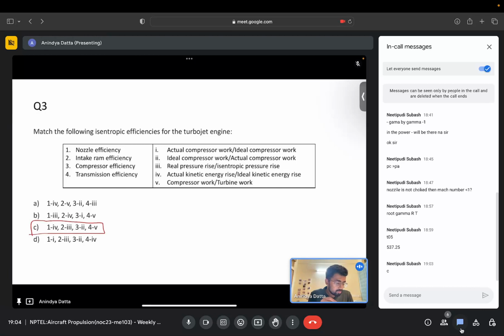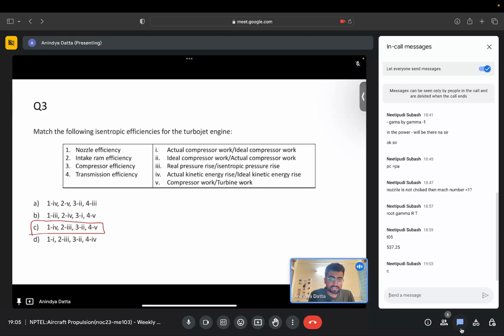Compressor efficiency matches Roman 2, that is ideal compressor work by actual compressor work. Isentropic or ideal compressor work is lesser than the actual compressor work, so it is defined with ideal compressor work in the numerator and actual compressor work in the denominator. Last we have transmission efficiency, which we used in the last problem solving session; it relates the compressor work to the turbine work required to drive the compressor.